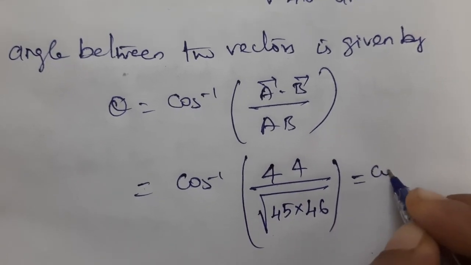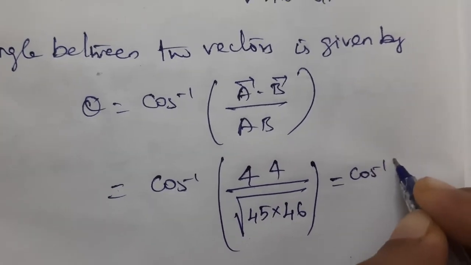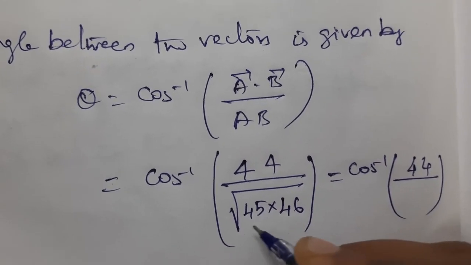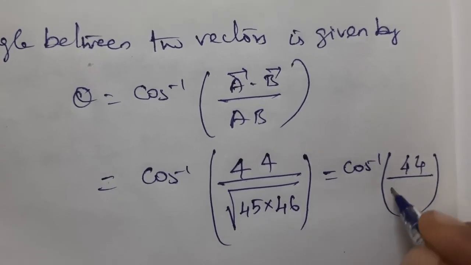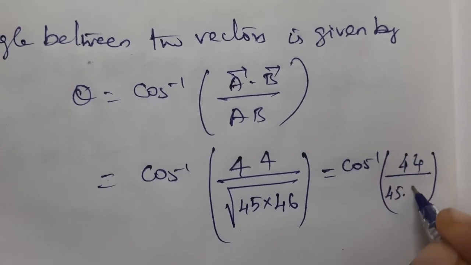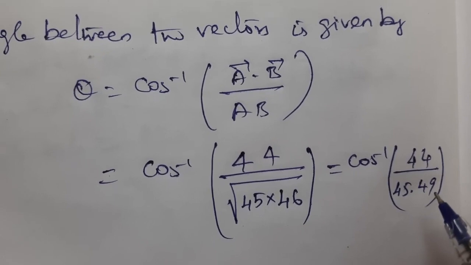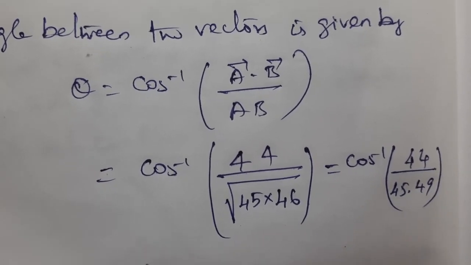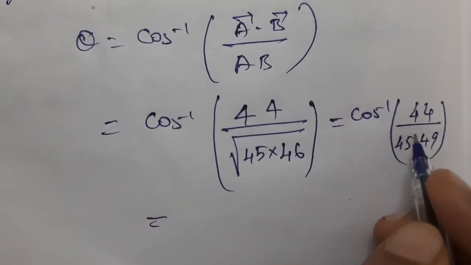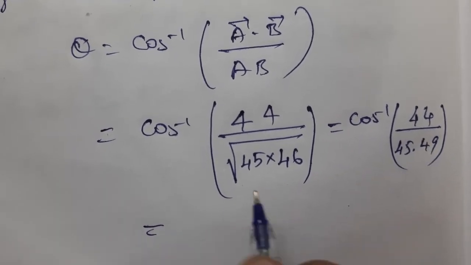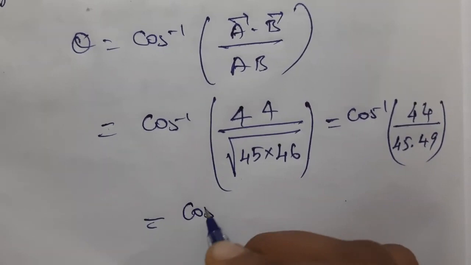So we can write cos inverse of 44 divided by 45.49. Dividing this, you will get one answer, and using the table, we will get the angle.